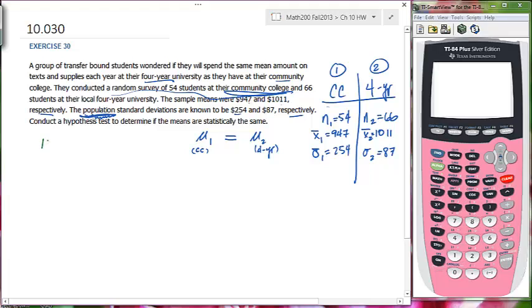So let's set up our H0. Our null hypothesis is exactly what the claim is saying. And remember, this hypothesis test is a test on the claim, or on the null hypothesis, which in this case is the claim. Our alternative hypothesis would be the logical opposite of that, so that would be a not equal to symbol.